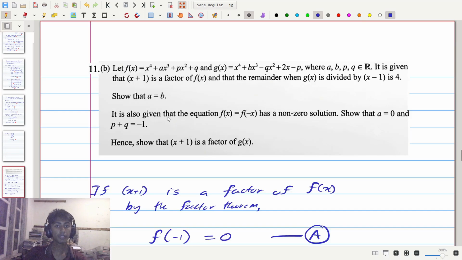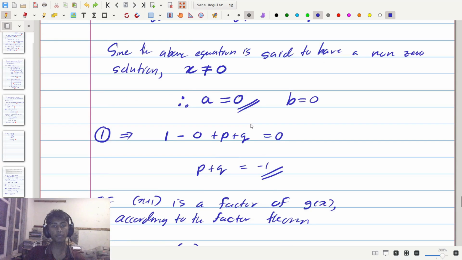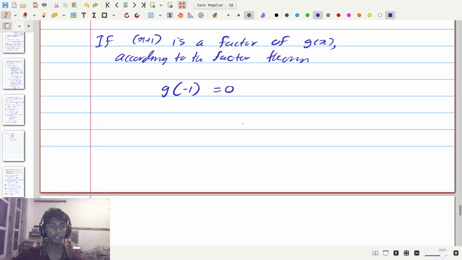So going up, g is x to the power of 4 plus bx cubed minus qx squared plus 2x minus p. So going down, if we substitute, we're going to get g of negative 1 equals negative 1 to the power of 4 plus b times negative 1 cubed minus q times negative 1 squared, and then plus 2 times negative 1, and finally minus p.